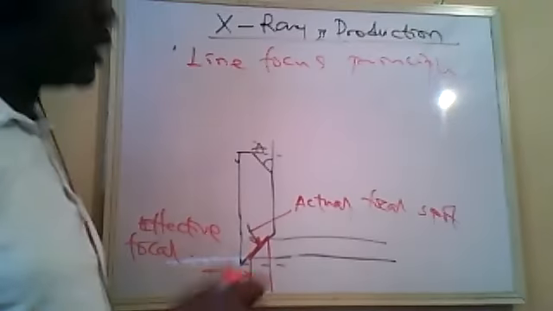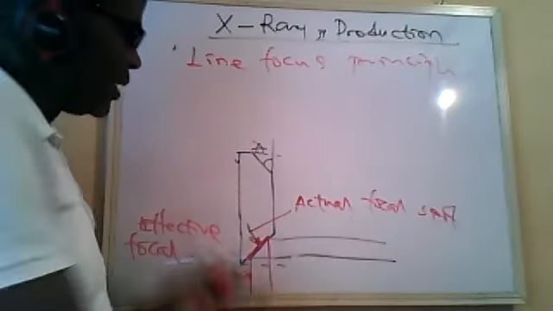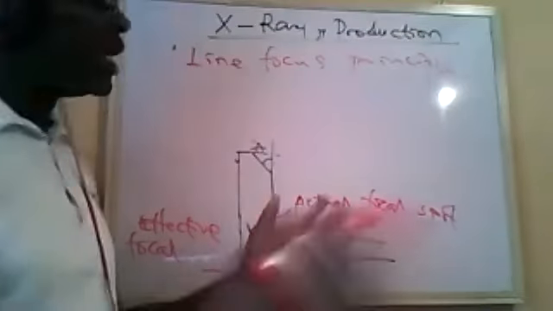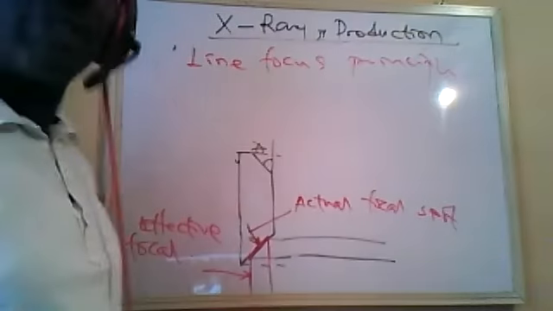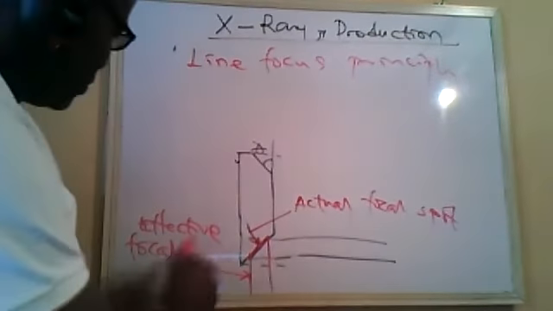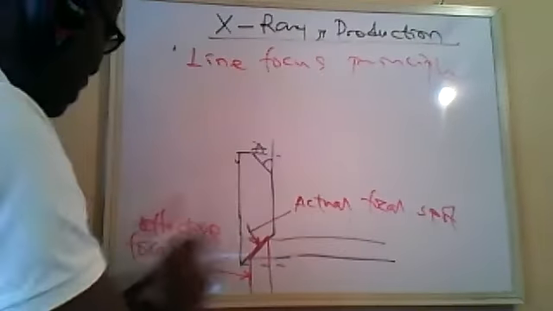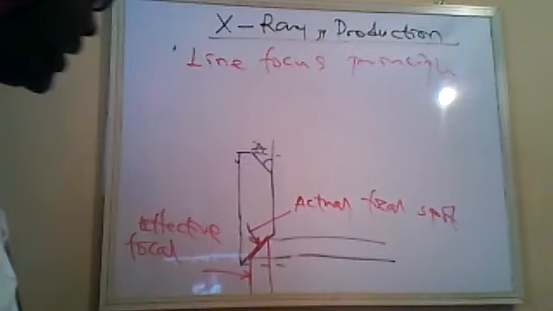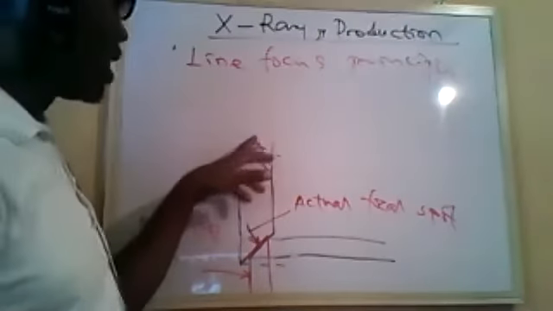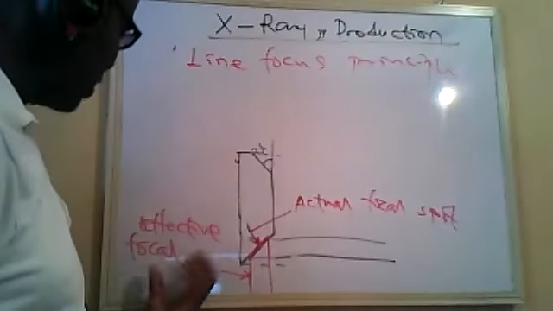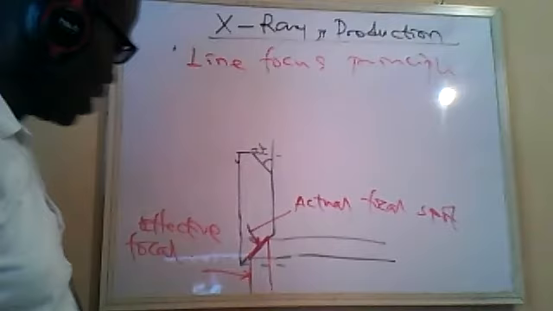Of course, it is a principle that we earlier explained that helps us in effective dissipation of heat. How is this actual focal spot and the effective focal spot related? The more the angle, what effect does it have on the effective focal spot?